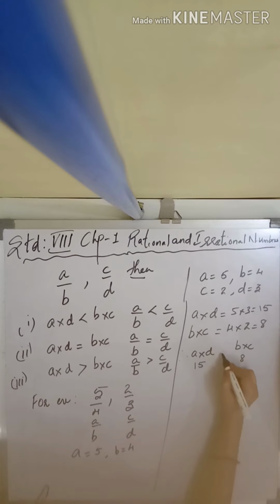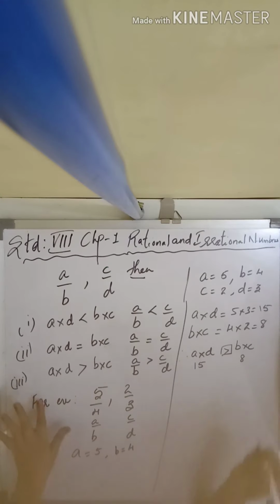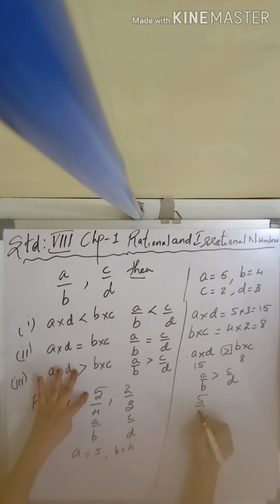Then which condition follows? The third condition. It says if a into d is greater than b into c, then a upon b will be greater. Therefore a upon b is greater than c upon d. What is my a upon b, children? 5 upon 4. So 5 upon 4 is greater than 2 upon 3.